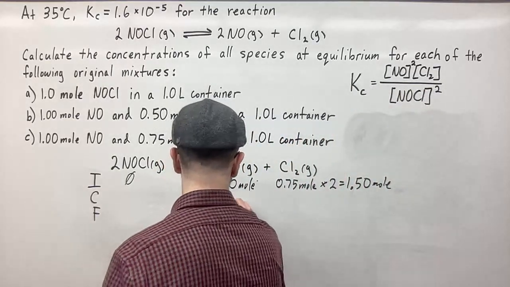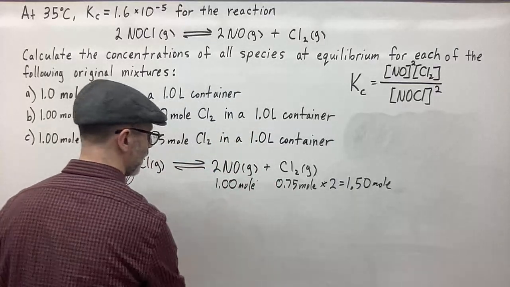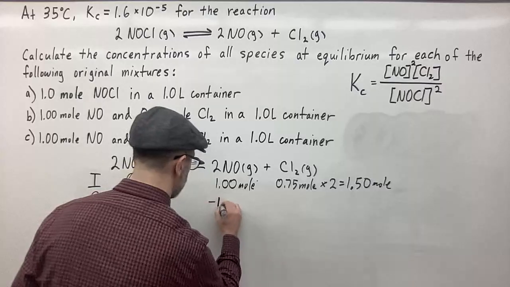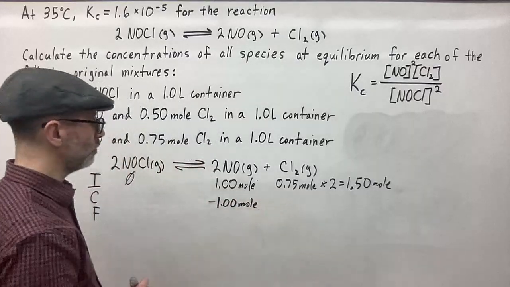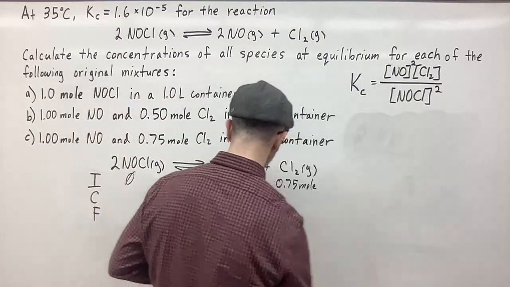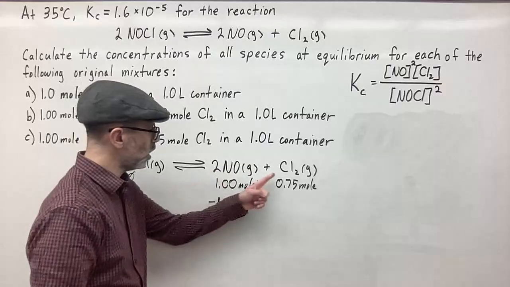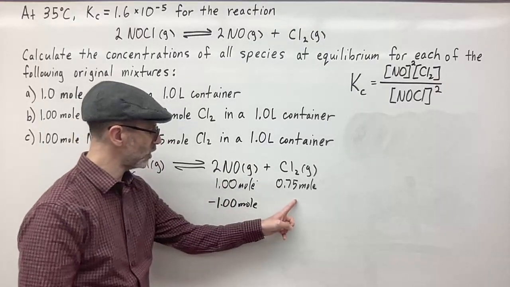So I'm going to end up with a 0 amount of this. So I'm going to lose all of my NO. So I'm going to lose 1.00 moles of NO, right? So that means, since this is 2-to-1, I'm going to lose half of this amount of Cl2.